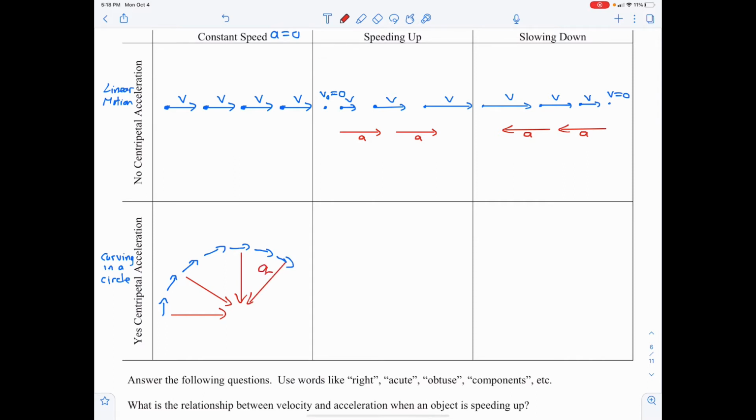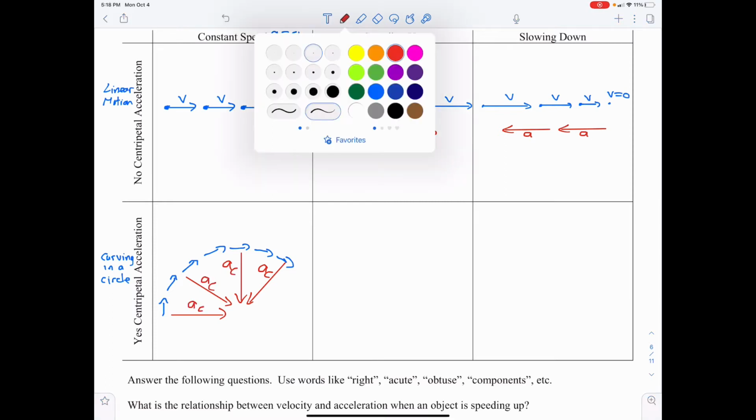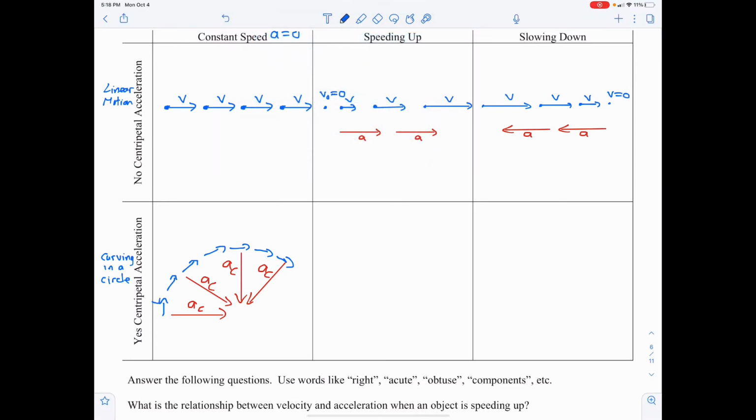All of which would be pointing to the center of the circle. So again, velocity is tangent to the path that you take, and acceleration and net force point towards the center of the circle.